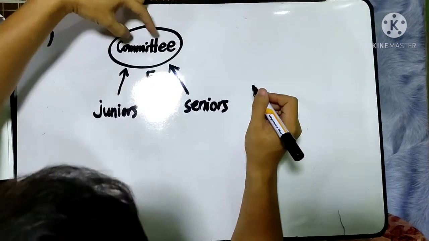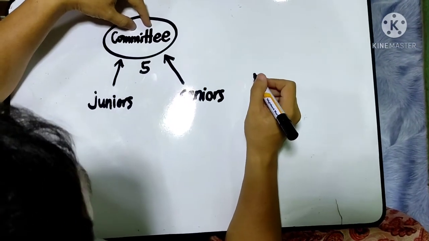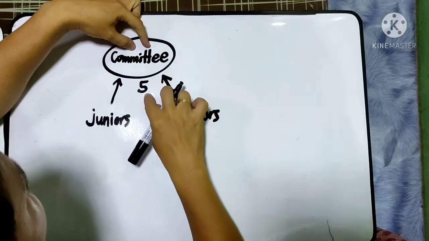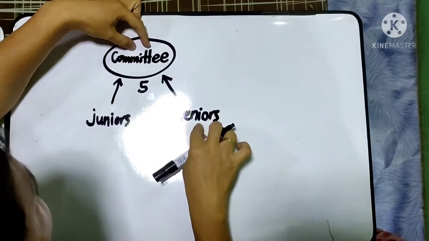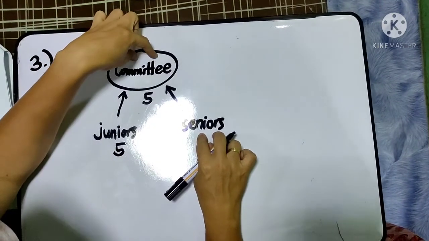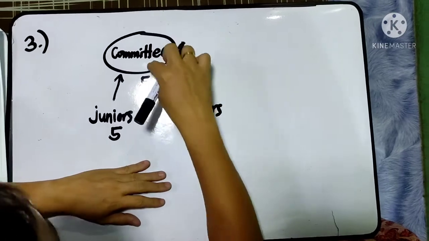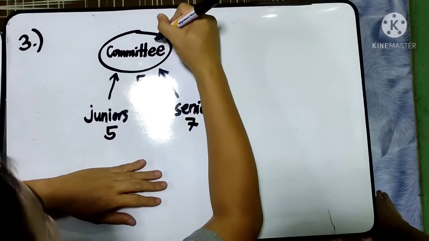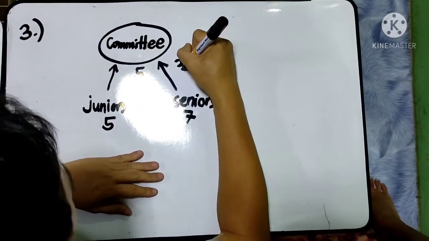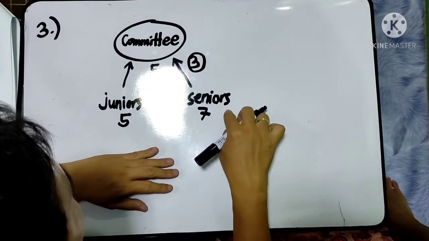So, gagawa tayo ng committee. Ang committee na gagawin natin or buuin natin ay kukunin natin sa juniors at seniors. Merong 5 sa juniors, meron namang 7 sa seniors. Kailangan daw merong 3 ang kukunin natin sa seniors.